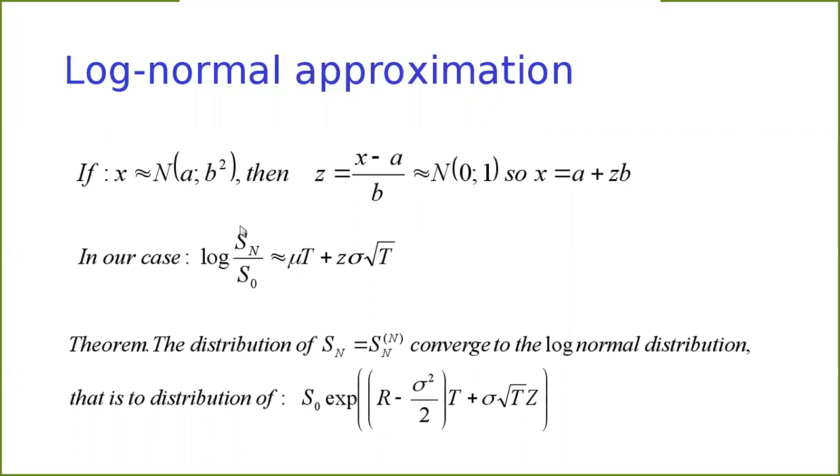So in our case, these log returns, which is the sum of n values, and if n tends to infinity, we have that it is mu t, because mu t it is a, plus z, that is the standard normal distributed value, multiplied by b, and b is sigma square root of t.